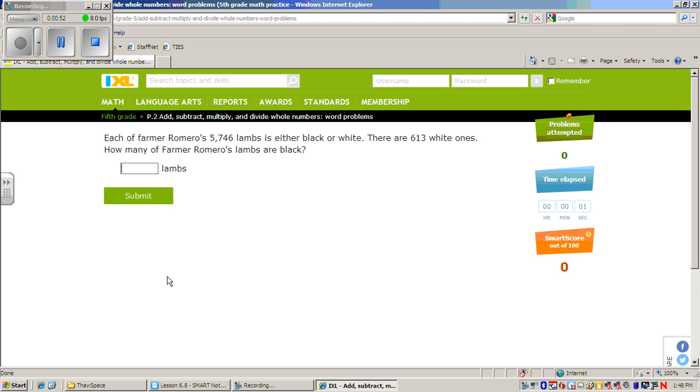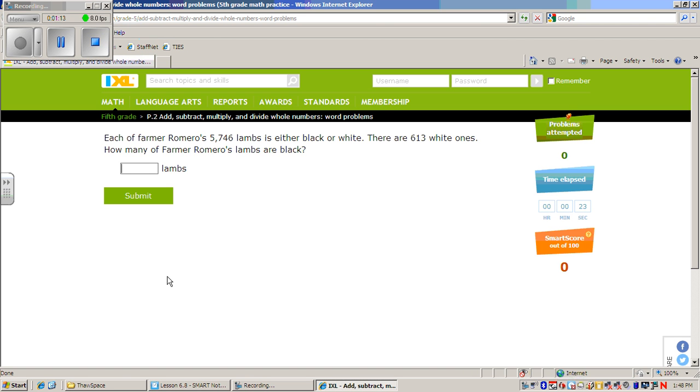It says each of Farmer Romero's 5,746 lambs is either black or white. There are 613 white ones. How many of Farmer Romero's lambs are black? Okay, first of all, you need to think about what the question is asking me. It is asking how many of his lambs are black.